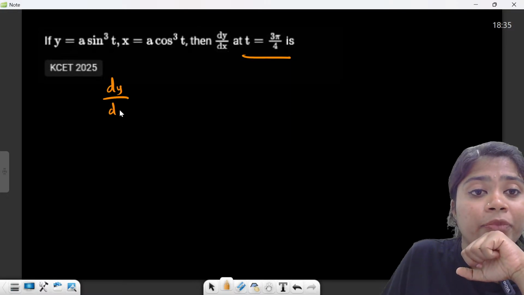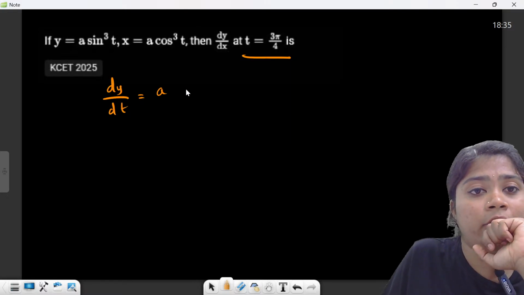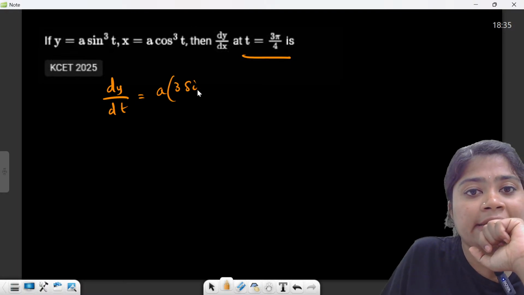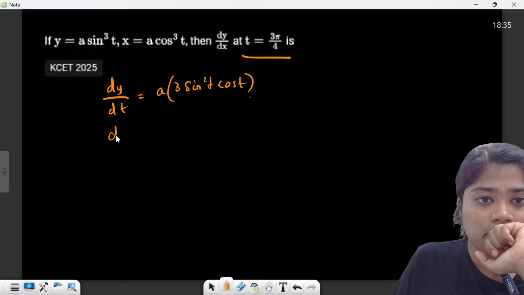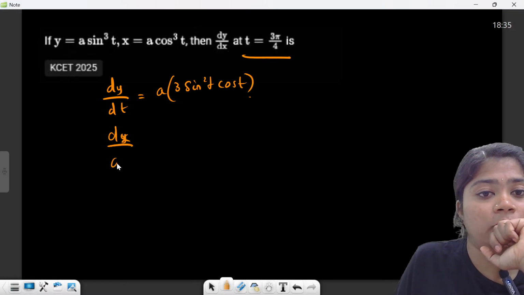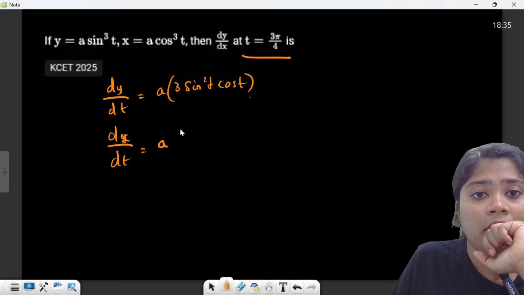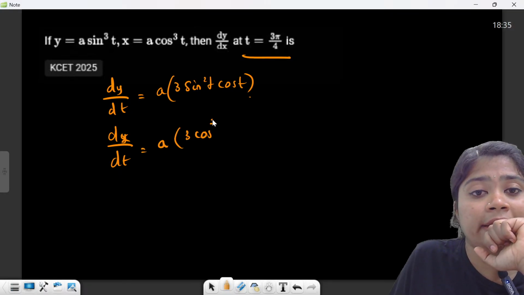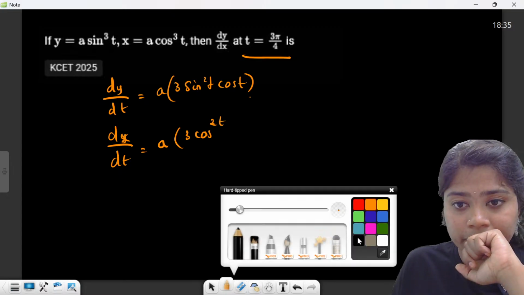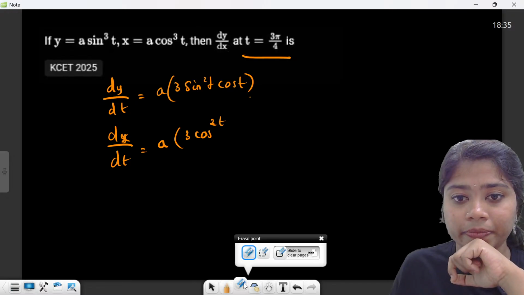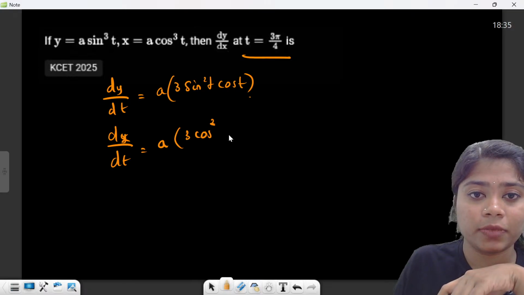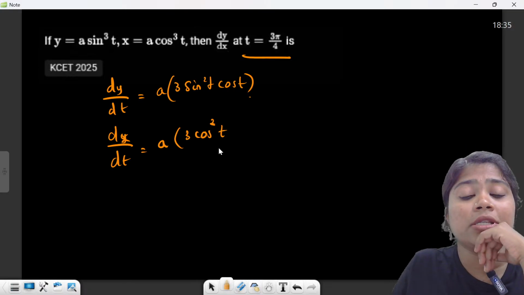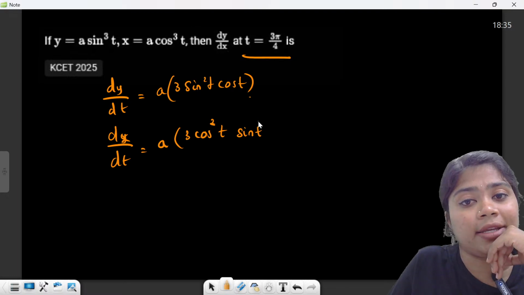So dy by dt is equal to a into 3 sin square t, sin differentiation is cos t. dx by dt, what is it? a 3 cos square t, this cos t differentiation is sin t.